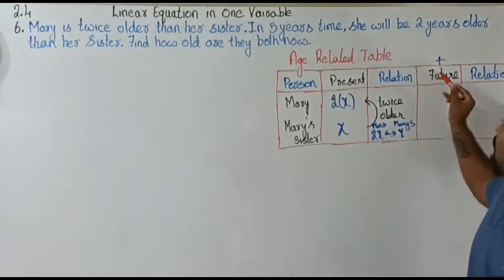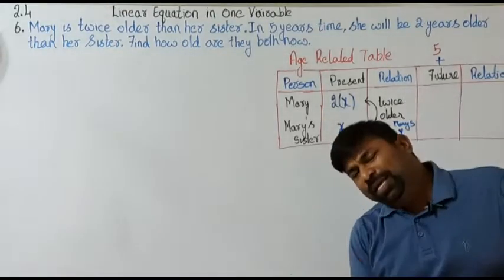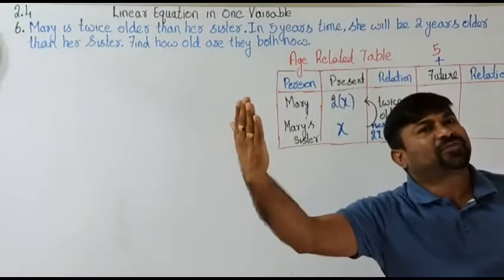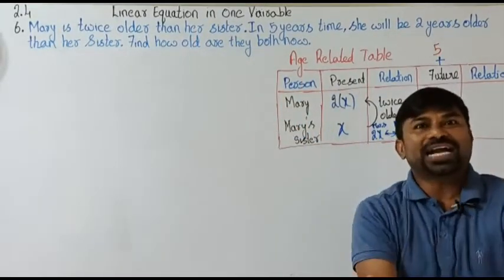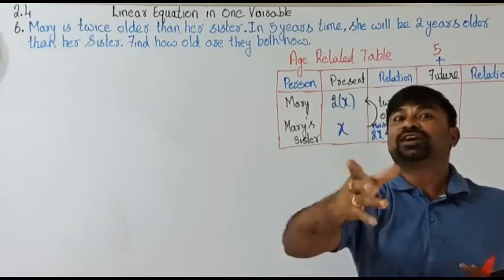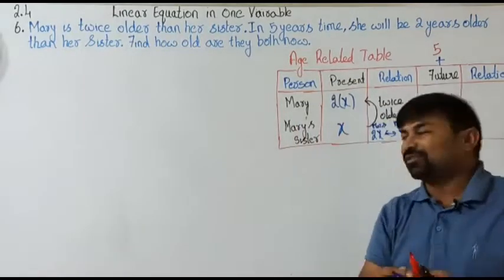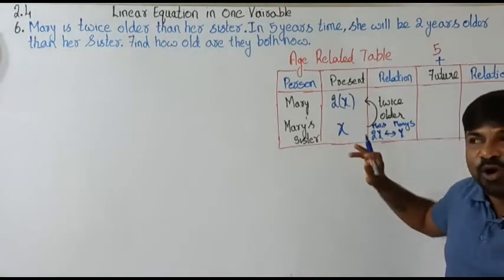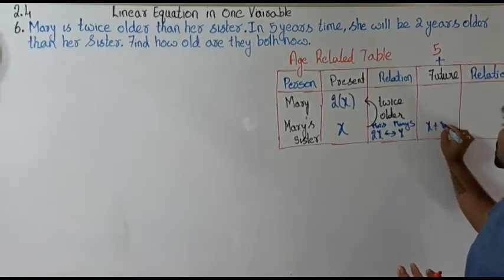Now the next one, after 5 years. If your age is 12 now, what is your age after 5 years? 12 plus 5, 17. If your dad's age is 42, after 5 years, what is his age? 42 plus 5, which is 47. In the same way, if Mary's sister's age is x now, her age after 5 years is x plus 5.